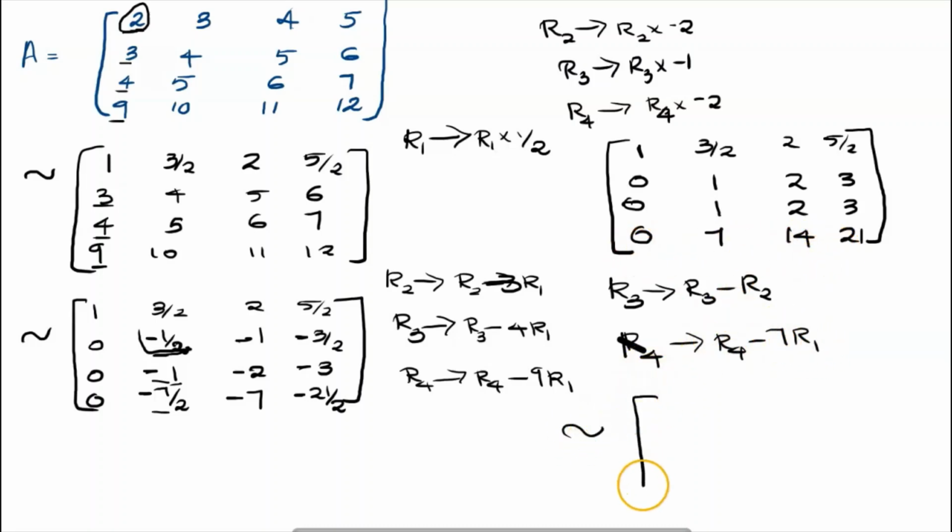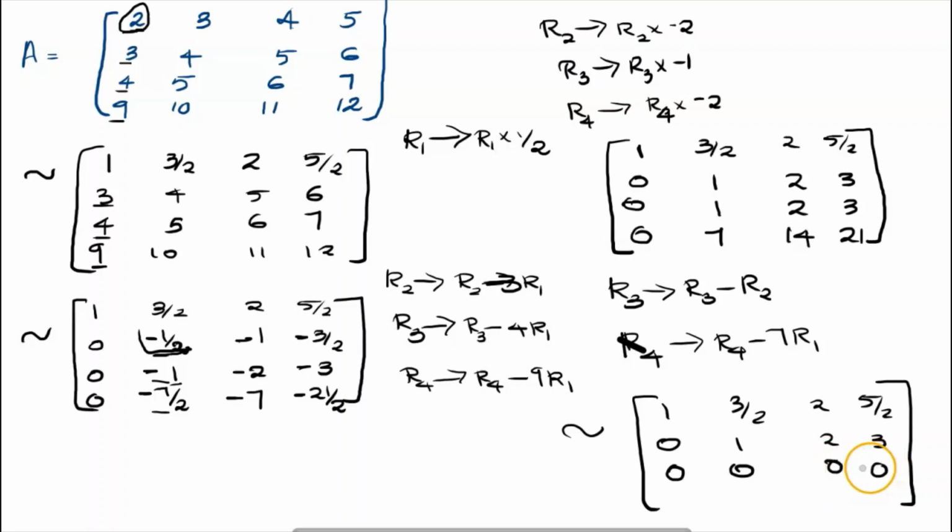That is, this matrix is equivalent to: R1 has no change, R2 has no change, R3 changes to R3 minus R2, that is 0, 0, 0, 0. And R4 changes to R4 minus 7R1. This is 0, 0, 14 minus 14, 0, 21 minus 21, 0. So we get two non-zero rows and 2 zero rows.